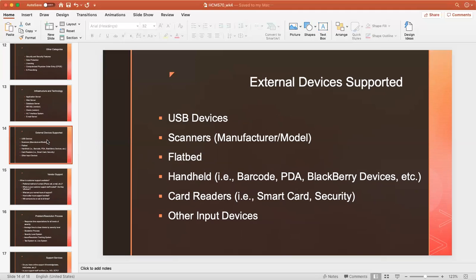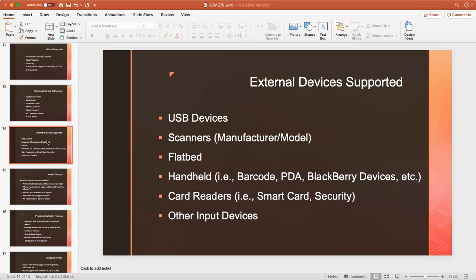What external devices are supported? You know that your physicians are going to want to be able to have encrypted phones, to be able to be off campus and still get access to patient information. Do your nurses want barcode?